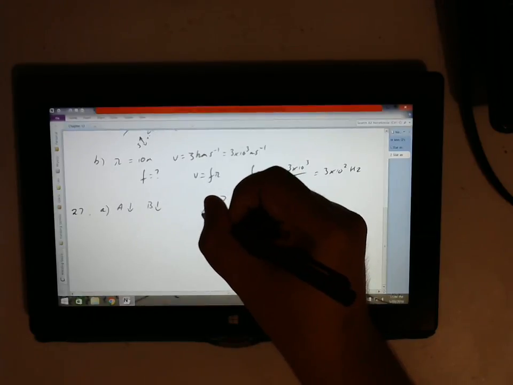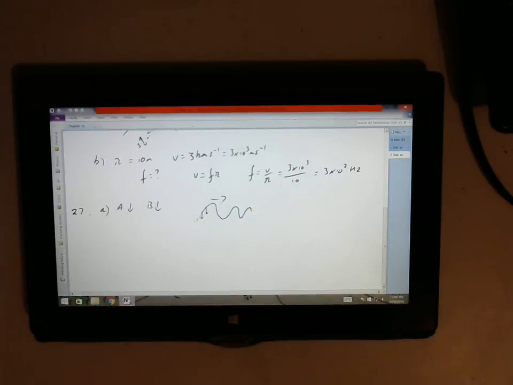And so again, we could say, oh, well, it's going to go back through there, and so this point will come over to here, and A will end up going down. The trick is that you tend to look at the diagram and go, oh, well, it's going up to the right, it's moving to the right, which means it must go up. You've got to think about what's going to come next into it.